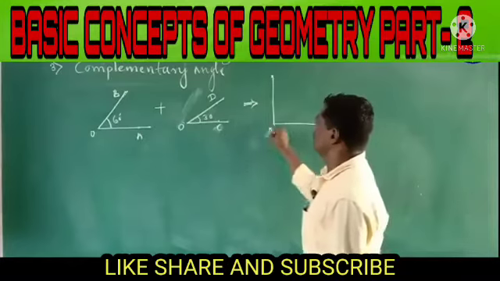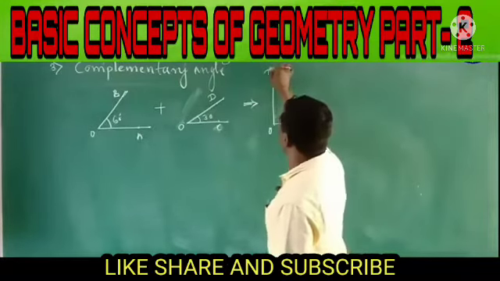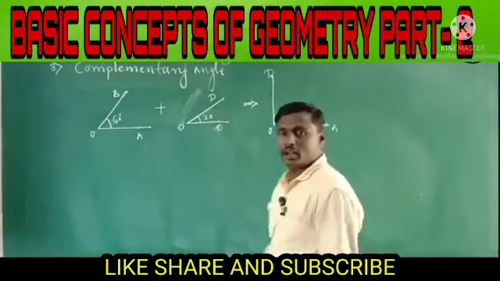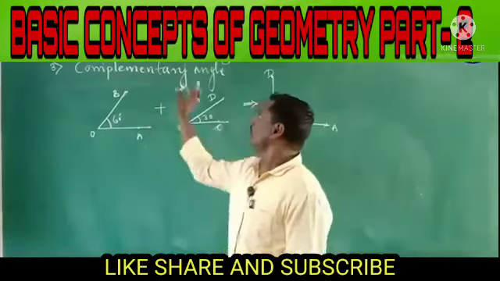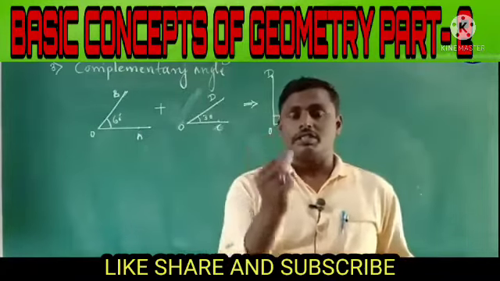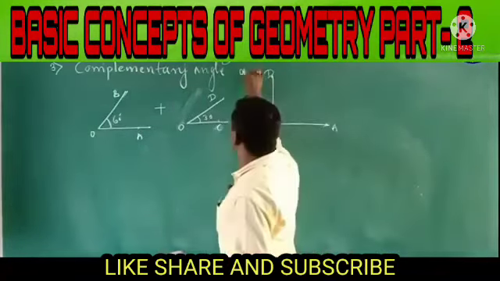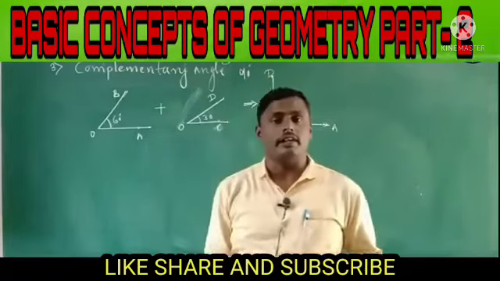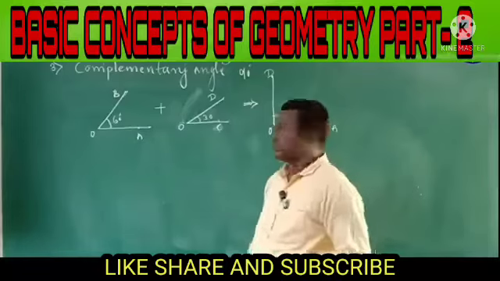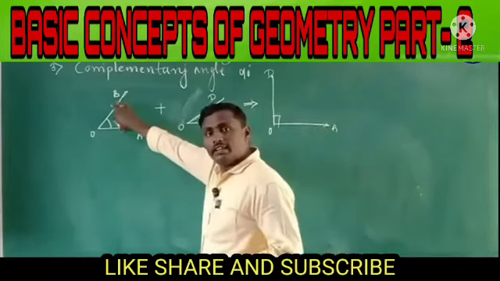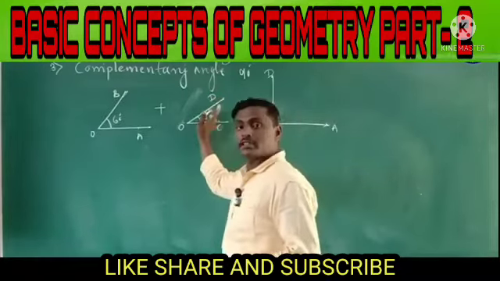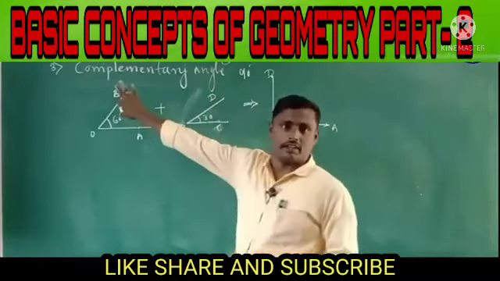Angle AOD is equal to 90 degrees. So complementary angles means what? The sum of any two angles which is equal to 90 degrees is called a complementary angle. In that, the first angle is complementary to the second angle, and the second angle is the complement to the first angle.